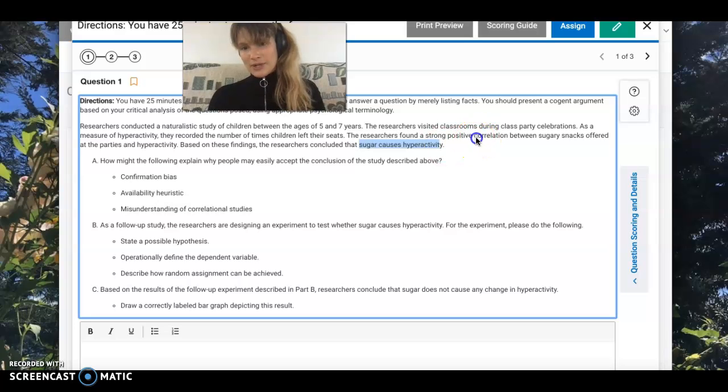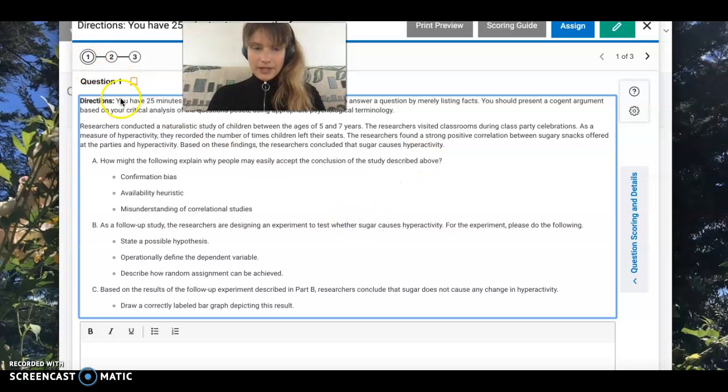You should never see these words together, because correlation does not imply causation. Just because 2 variables are correlated or related doesn't mean that one causes the other, because as many of you mentioned in your responses last week, there are just too many other factors. We don't know if there's some hidden third variable that could be causing students to eat more sugar and also causing them to be more hyperactive. Basically, it's not controlled enough. We don't know what's going on, so we can't say yes, sugar causes children to be active. That would be very unscientific to conclude.